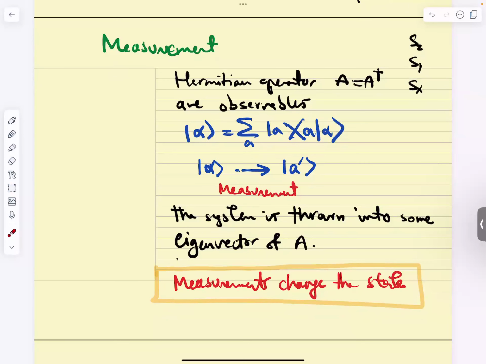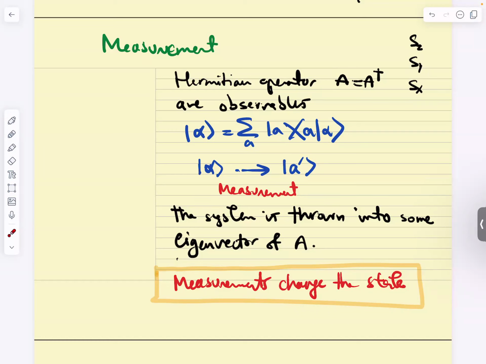So if you want to know what happens in a measurement of an observable A, you first take your vector, which describes your state, your ket, your column vector, and expand it in the eigenbasis of the corresponding observable you're observing. Okay, so that step is good. Then the measurement happens. I'm going to describe what happens during the measurement.